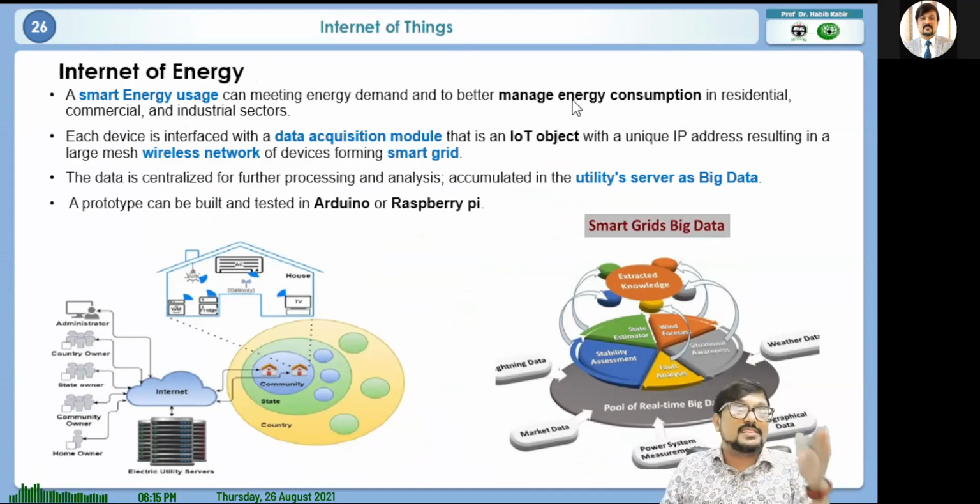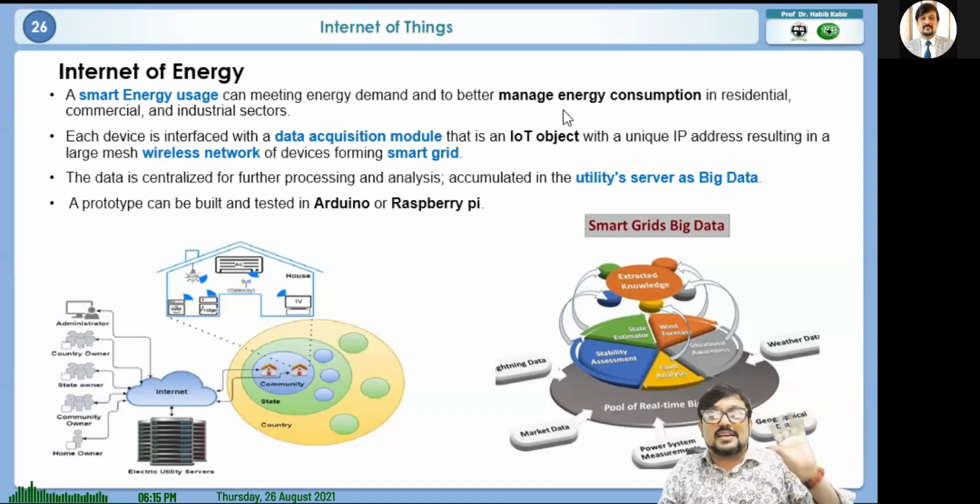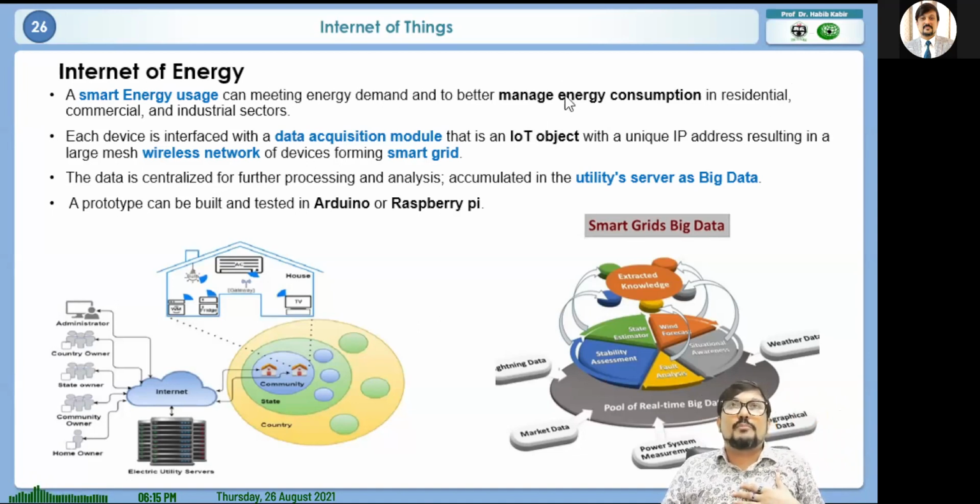Energy means all things, it's not only electricity. Even gas and water belong to it. We have the gas meter, now the prepaid gas meter is there, the prepaid water meter is there. All the things belong to us. In the residential sector, we knew it before, but now we have to manage all the things in a smart way.